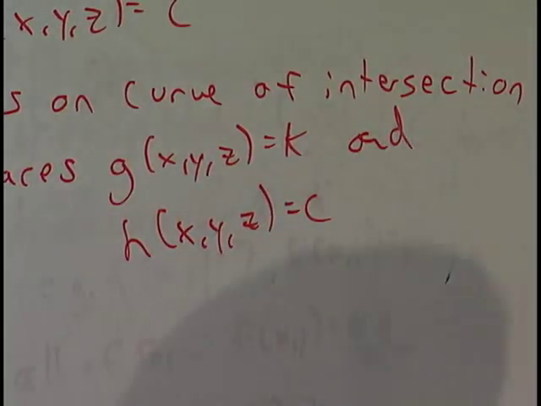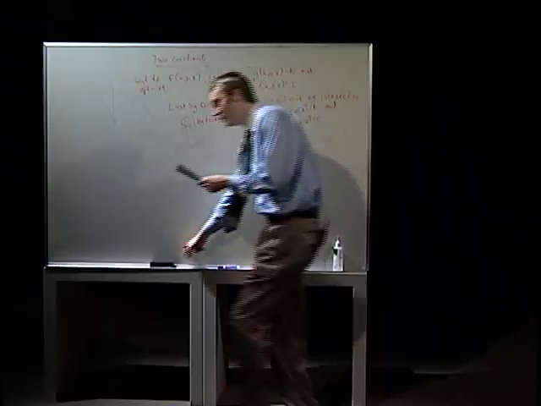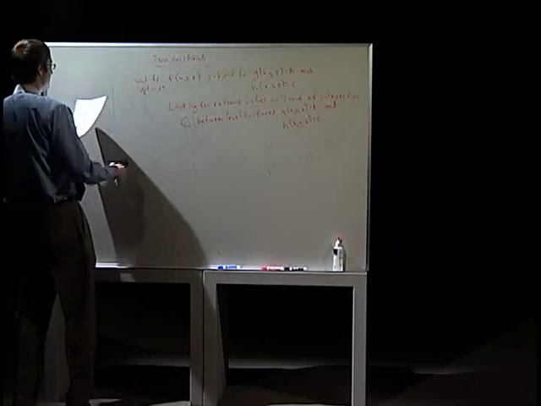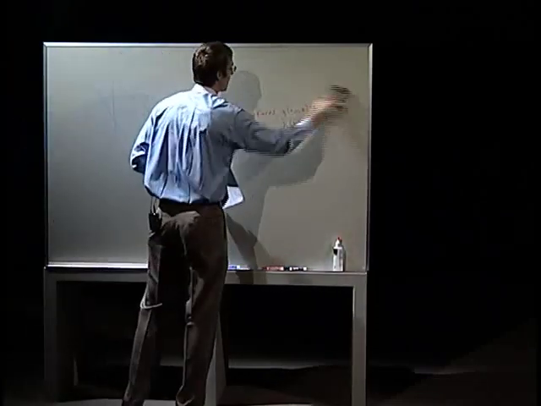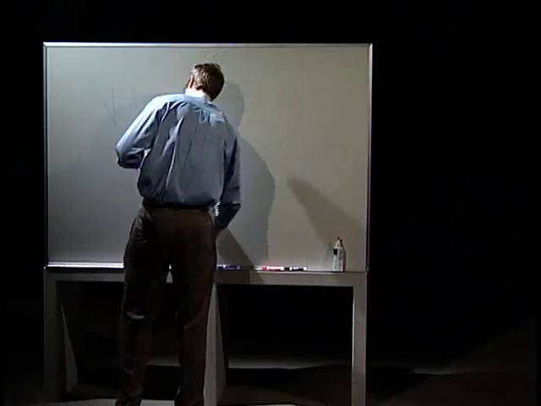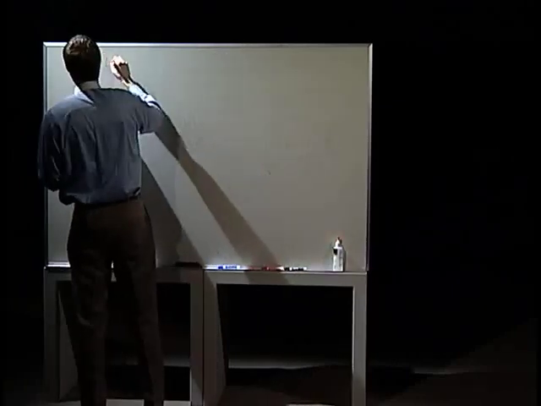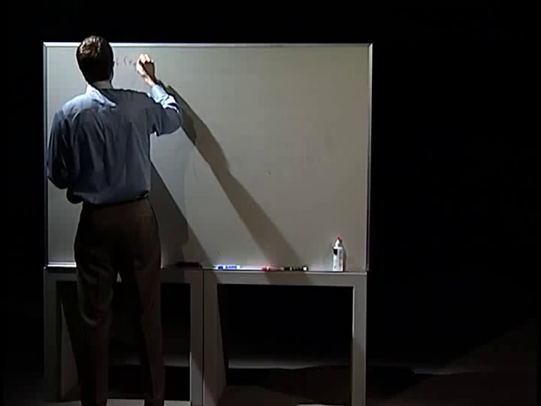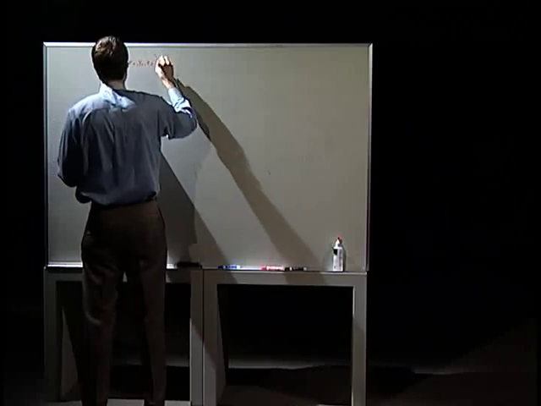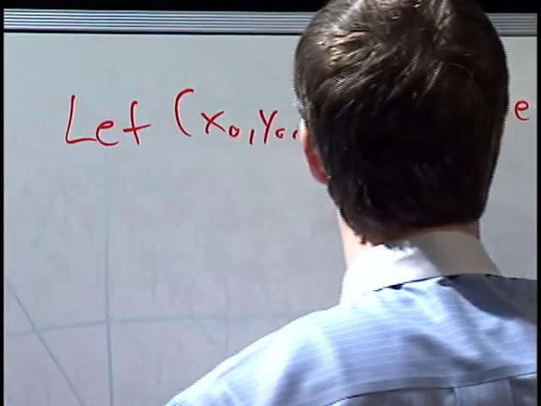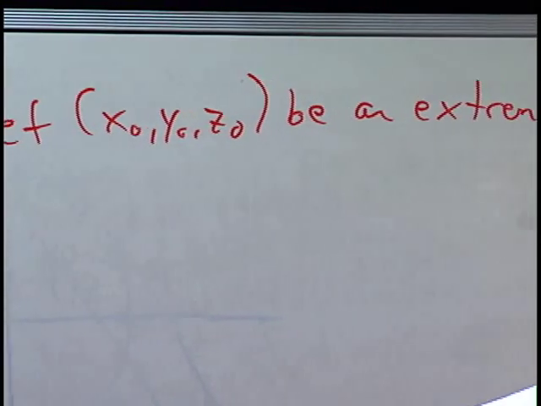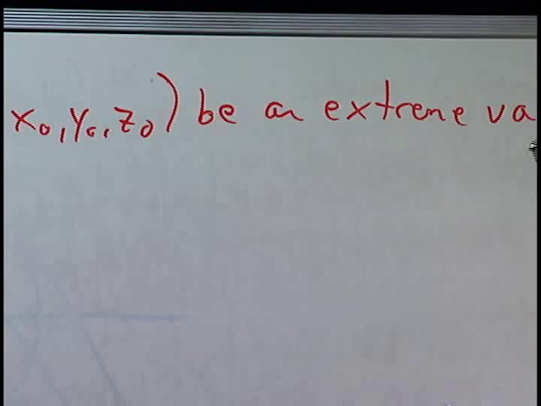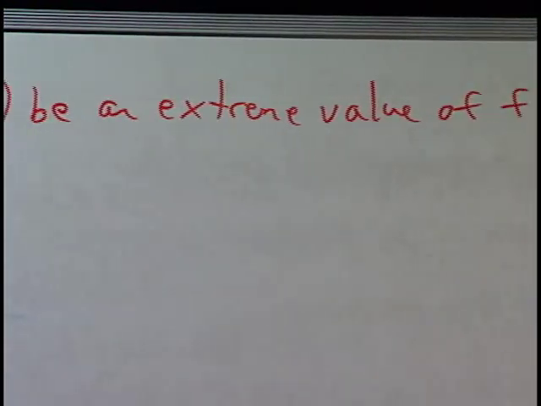Okay, so there's that. Let's look at a picture and some analysis here. So that's what you want for a two-constraint problem. Okay, so you have some point, x naught, y naught, z naught. Let's say it's an extreme value of f on C. Well, what's true about that point then?